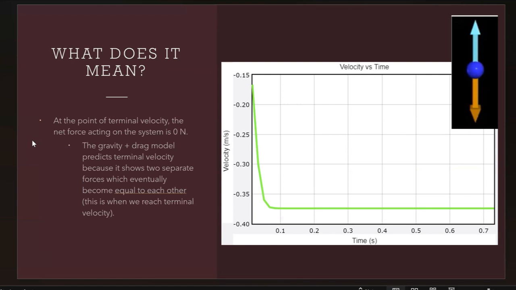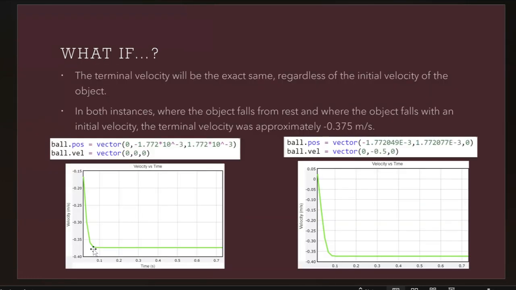And so the gravity and drag model predicts terminal velocity because it shows two separate forces which eventually become equal to each other. This is when we reach terminal velocity. And the terminal velocity is approximately negative 0.375 meters per second.